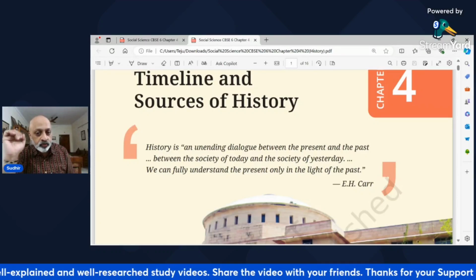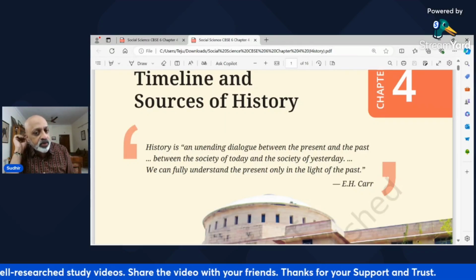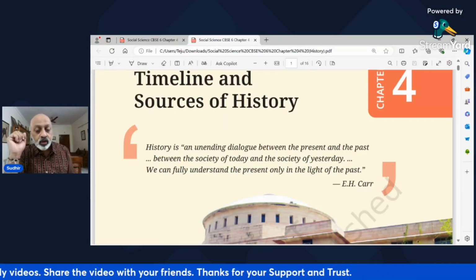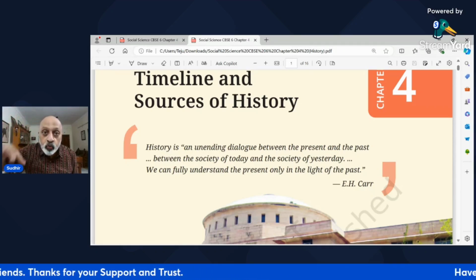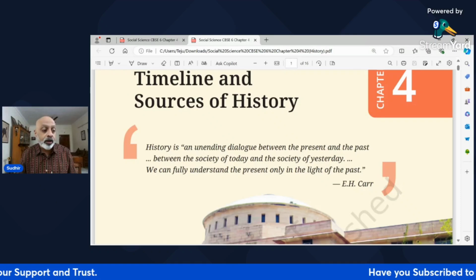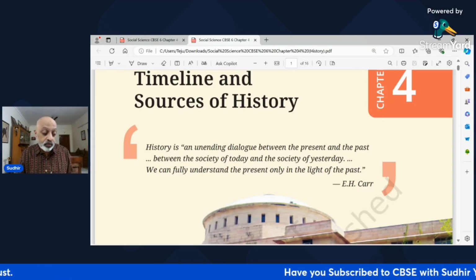Very interesting quote. We can fully understand the present only in the light of the past. That only if you understand the past, you would be able to fully understand what's happening in the present.